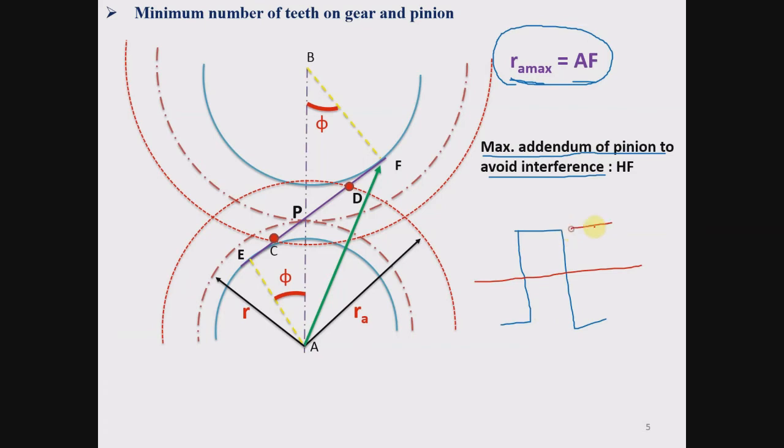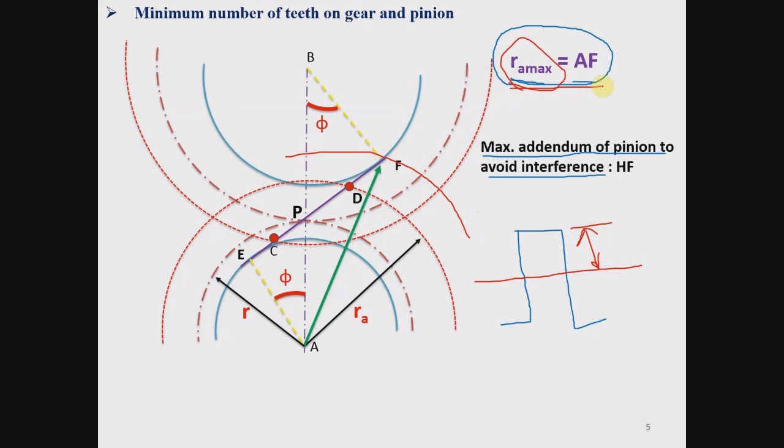Radial distance between addendum circle and pitch circle is the addendum. Okay. Now if addendum circle is passing through point F at its maximum value, RA max, what will happen? Addendum circle will pass through F. Now it cannot go beyond F. It will cause the interference. So RA max is equal to AF.